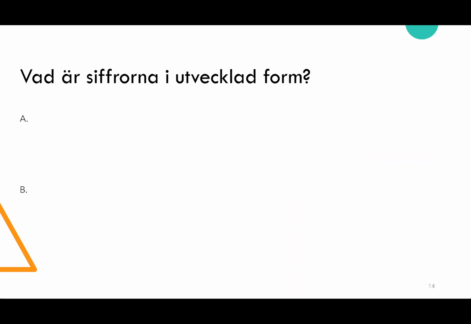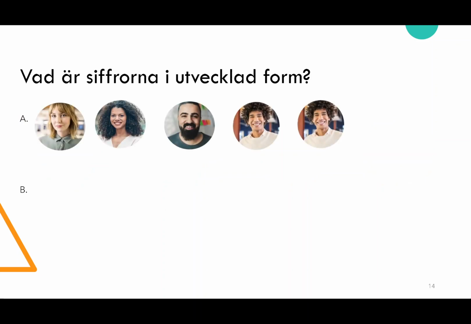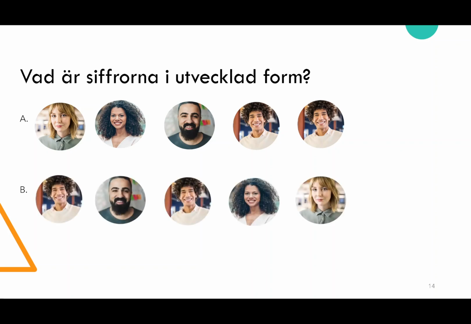Your job now is to determine which number is in the expression when we have just the faces. So your job is to write the number by remembering what the faces represent. And afterwards, try to write the number in utvecklad form.